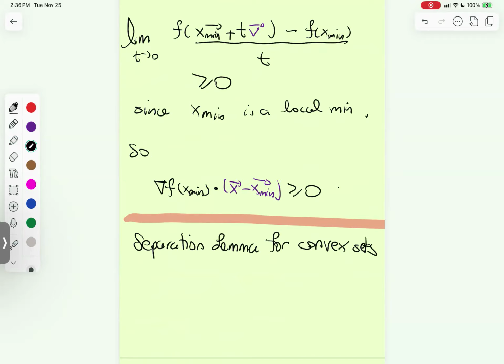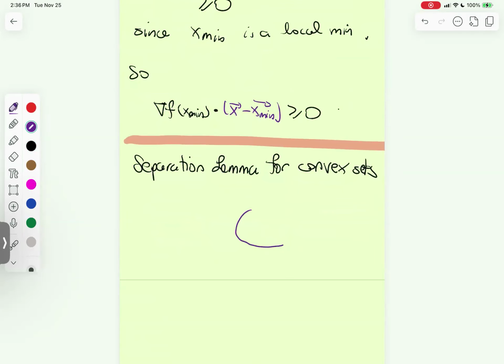The picture will make it possible for people to prove. But the idea is that if you have a convex set, and you have a point which is not on the convex set, then the point can be separated by a hyperplane.